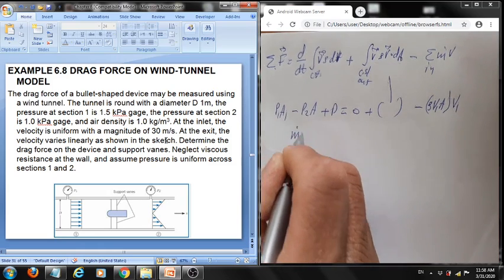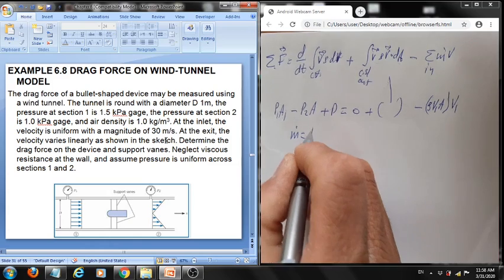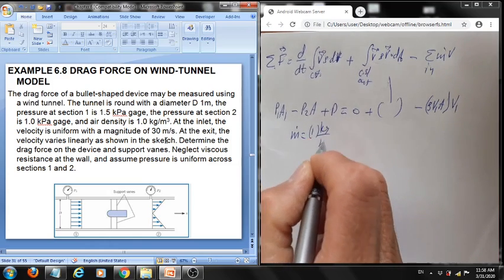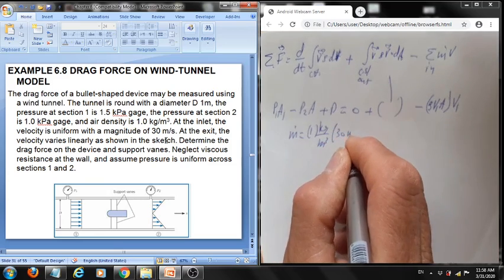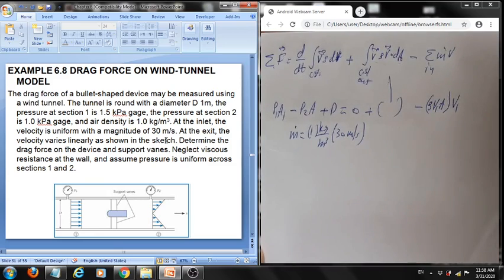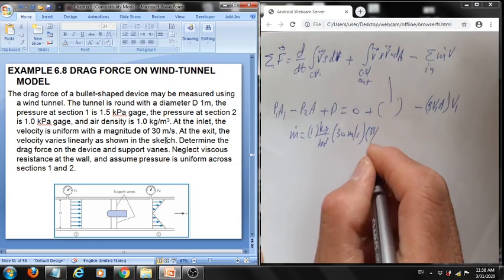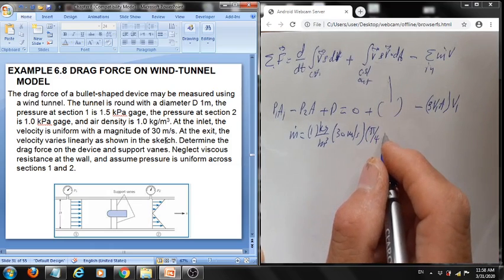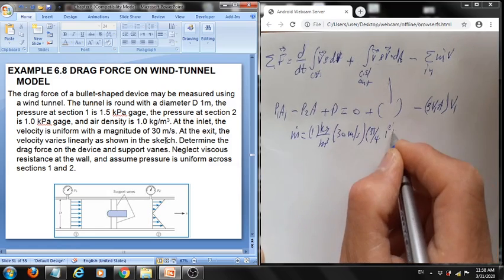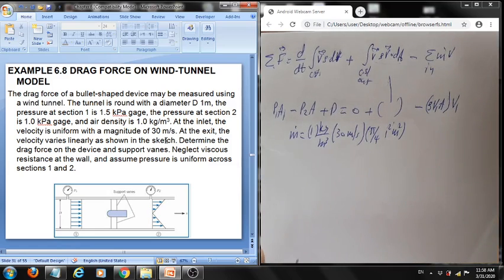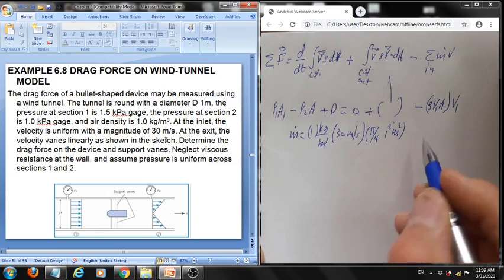So to compute m dot, the density is 1 kilogram per cubic meter, the velocity is 30 meters per second, and the area is given to us as 1 meter in diameter. Okay, alright.